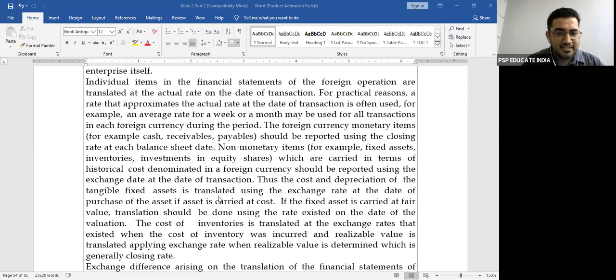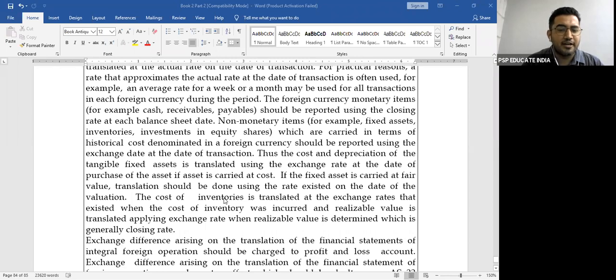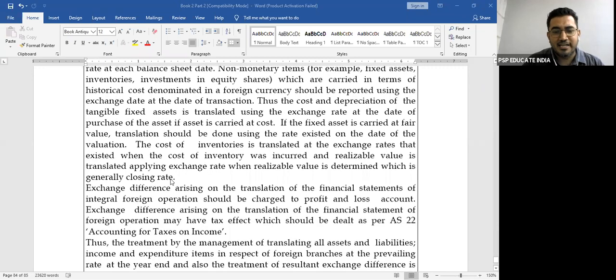If the fixed asset is carried at fair value, translation should be done using the rate existing on the date of the valuation. The cost of inventories is translated at the exchange rate that existed when the cost of inventory was incurred, and net realizable value is translated applying the exchange rate when the realizable value is determined, which is usually the closing rate. So for the closing stock you always take the closing rate.